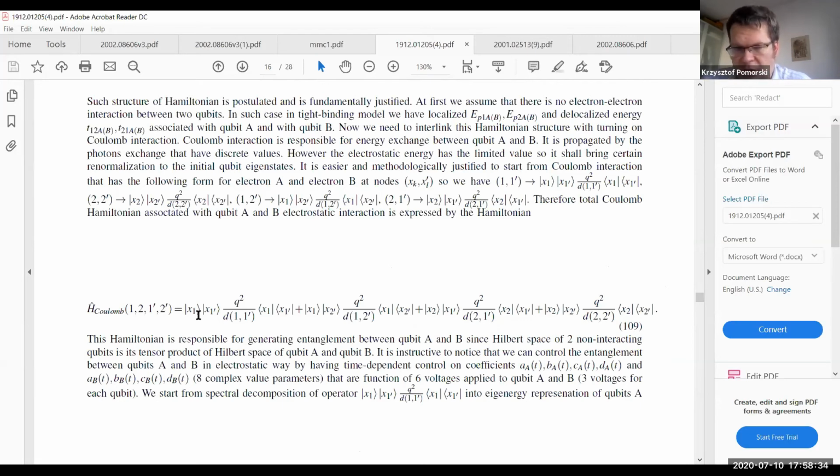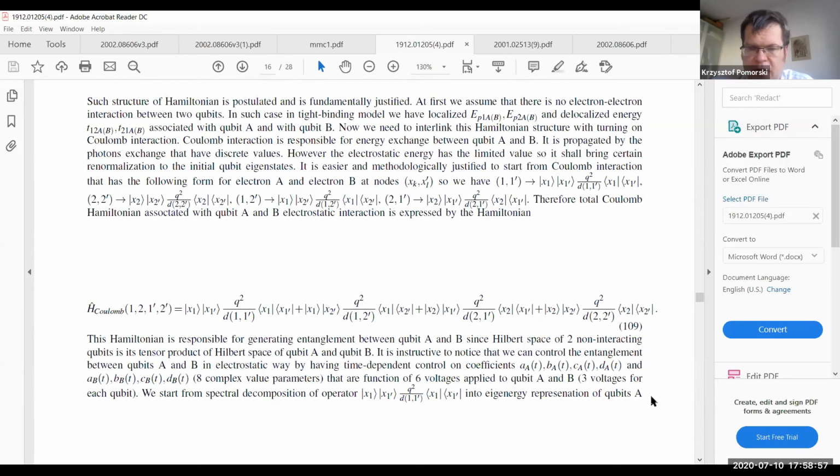And then we will see that during this interaction, this qubit is exchanging one quantum of energy. So it is like mediating. One electron is emitting some photon and it's absorbed by another electron, and so back and forth.